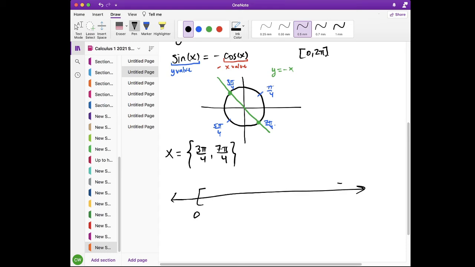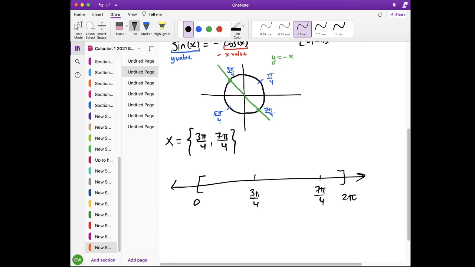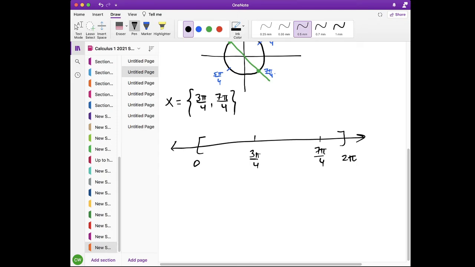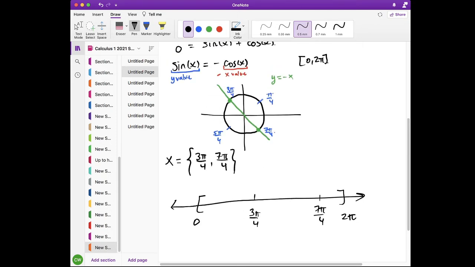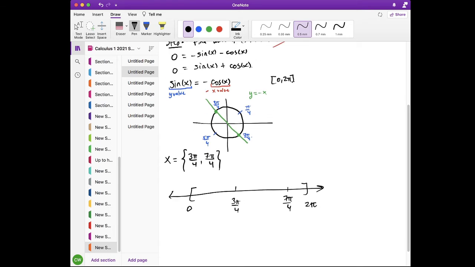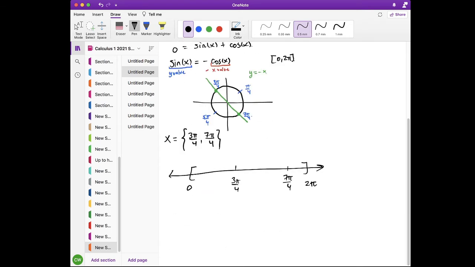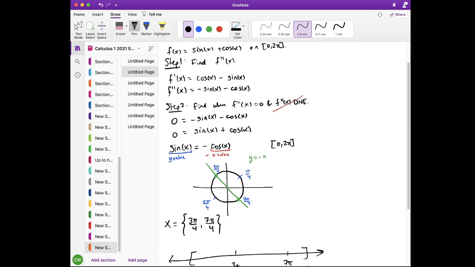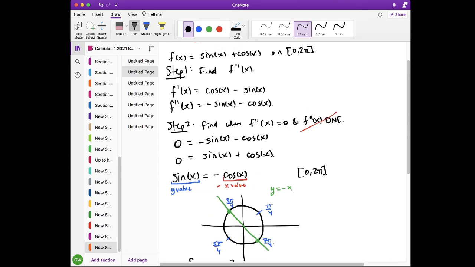So let's look at 0 to 2 pi, and then let's look at our points 3 pi over 4 and 7 pi over 4. We want to find where the function changes from positive to negative, or negative to positive possibly. Okay, so let's remind ourselves what our second derivative is. Here's something to be careful about.